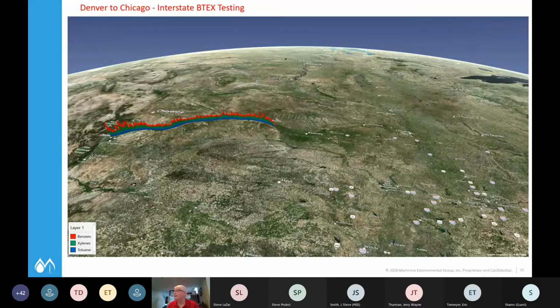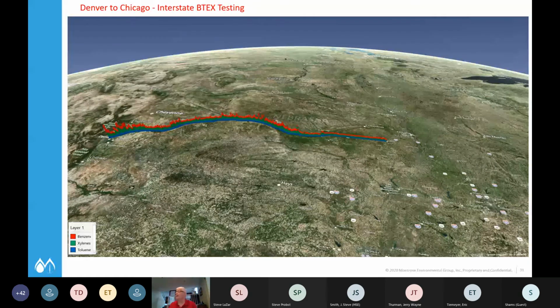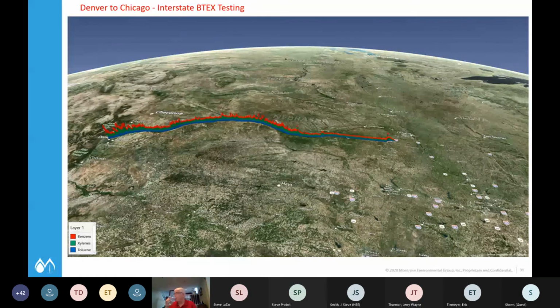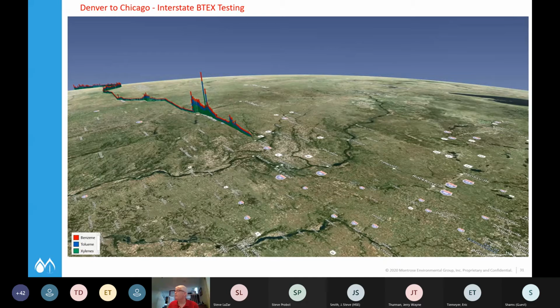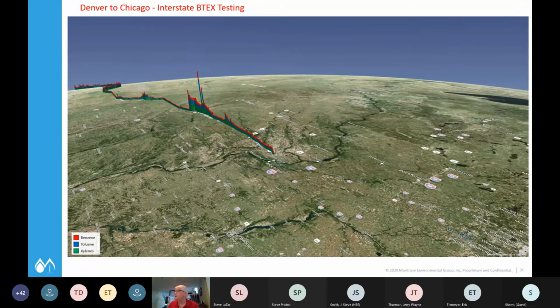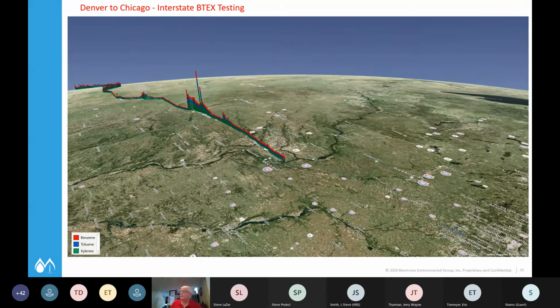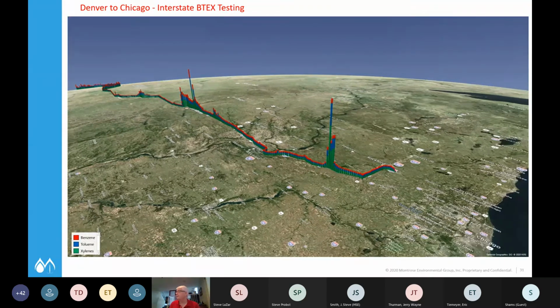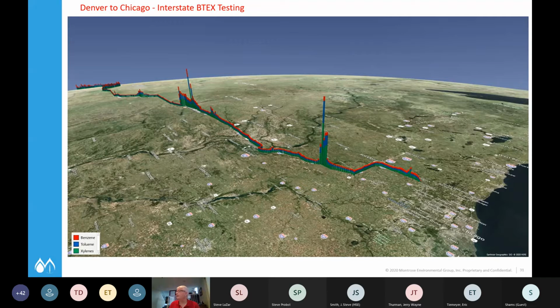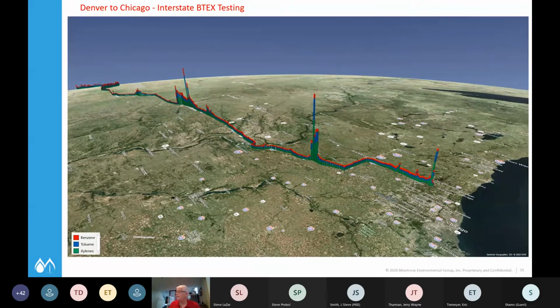So we're going across Nebraska now. We end up here coming across 80, going into Iowa. Now we're over by Iowa City. This was a 2-day drive for Cody, and I'll show you what these little high peaks are here in just a second when it finishes.